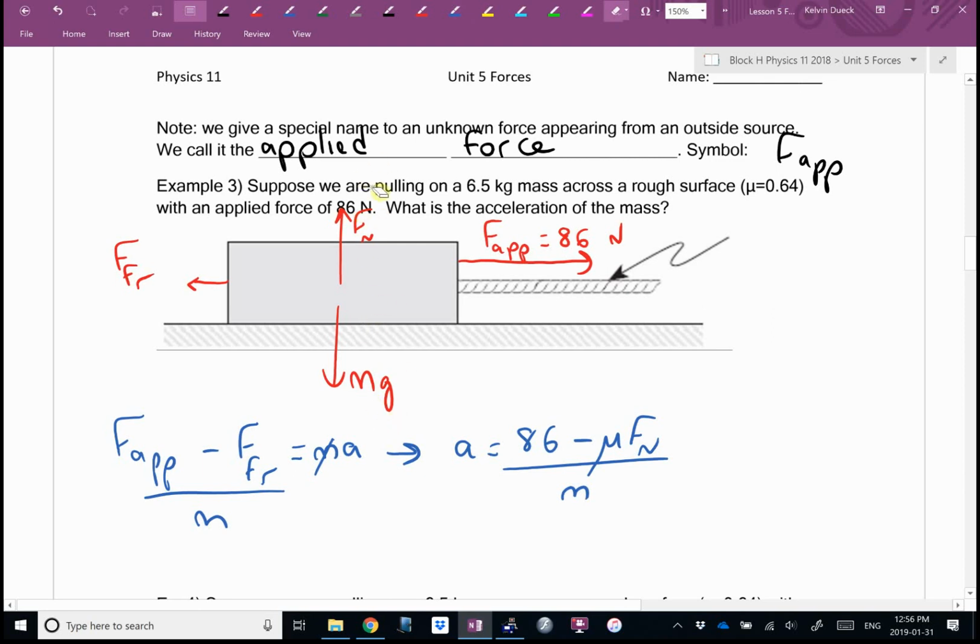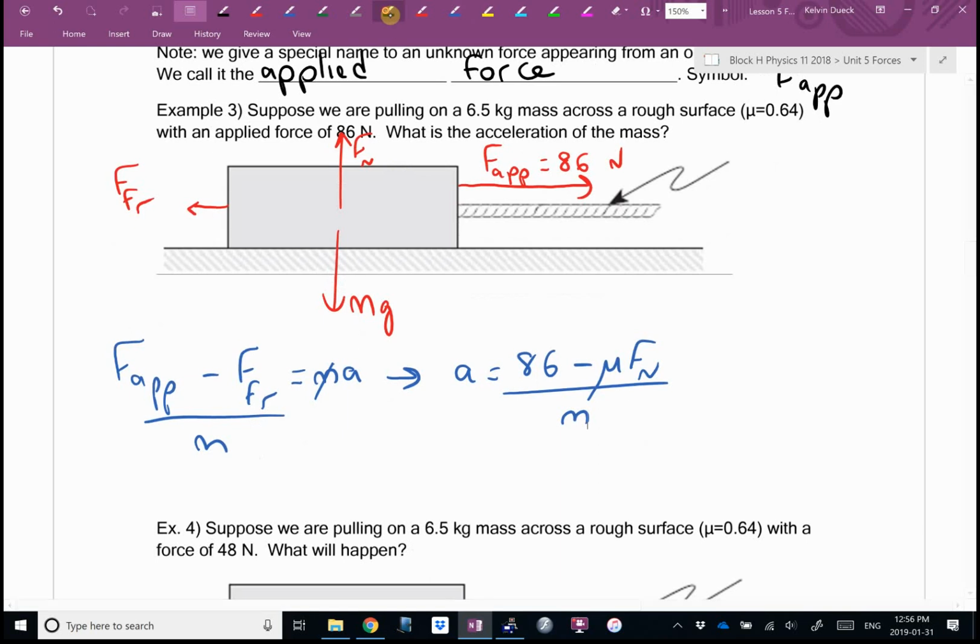Which force is the same size as the normal force? mg, you say? So if I hear you correctly, you're telling me that it's going to be 86 minus mu mg over m. Don't try and memorize this equation. We'll derive it because it's going to change if I change the parameters anyways.